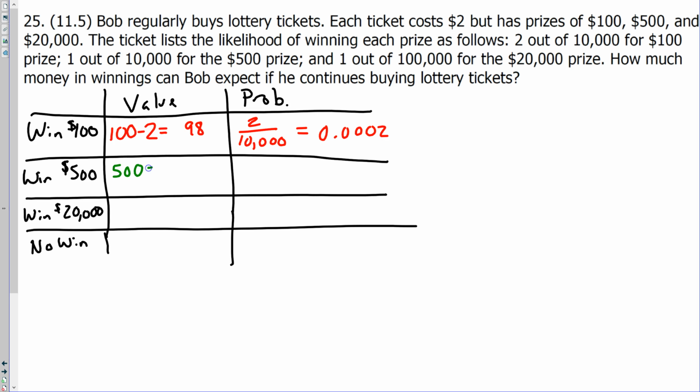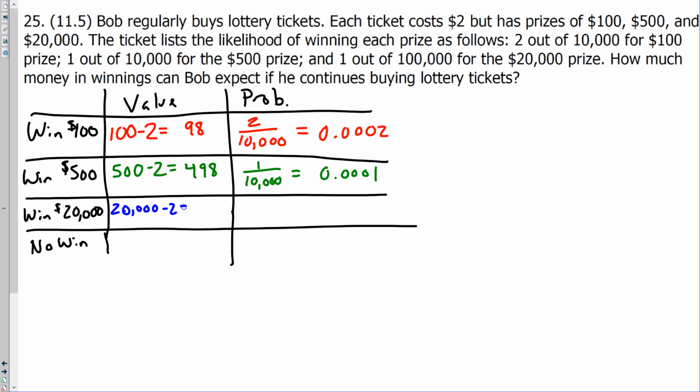The second value is he could win $500. Now again, he has to pay $2 to get the ticket, so he's really only winning $498. The likelihood that he wins that prize is 1 out of 10,000, and the decimal there would be 0.0001. He could win the $20,000 prize.